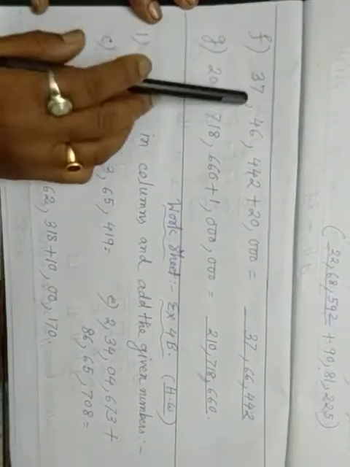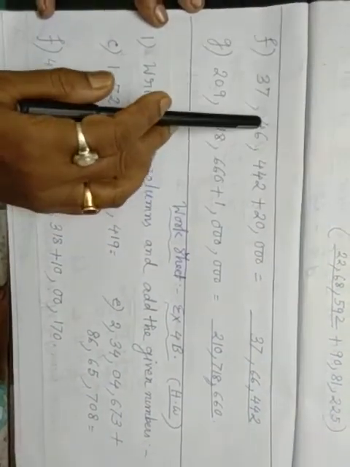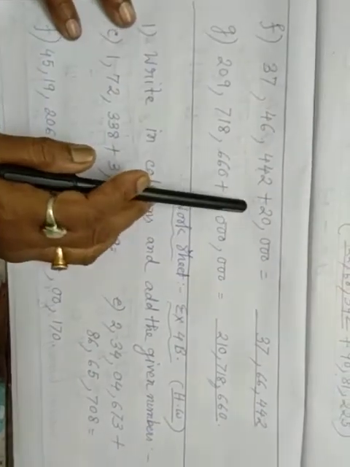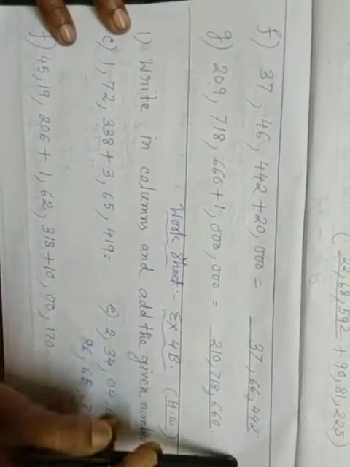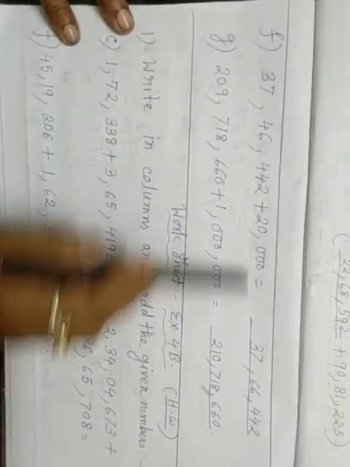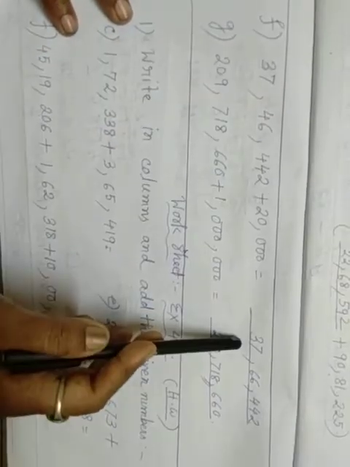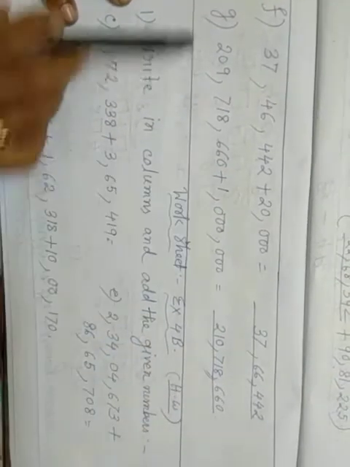Next, 37 lakh 46,442 plus 20,000. So this is blank. Add this: 37 lakh 66,442.